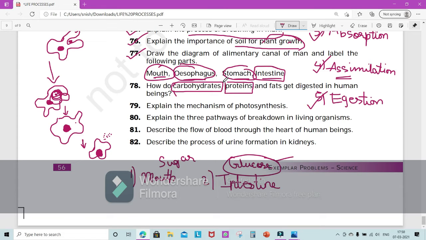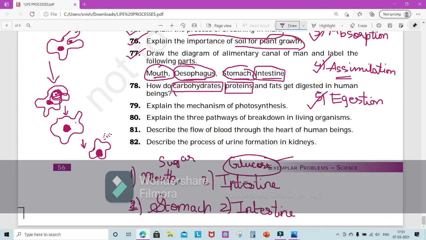Next, protein digestion. Proteins, we know, also have 2 different places for digestion. First place is in the stomach, and the second one is in the intestine. So you get to know how important the intestine is, because most of the digestion takes place in the intestine. In the stomach, with the help of pepsin, the proteins are broken down or digested partially.